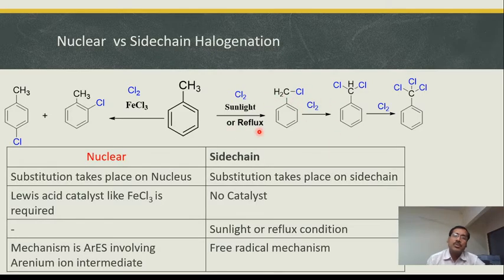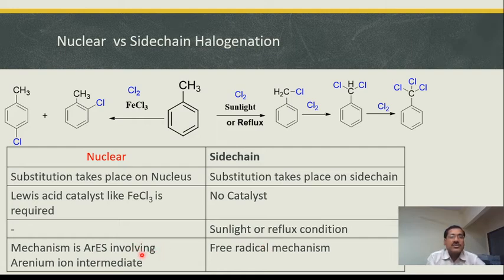Now, what are the important points that you need to note related to these two reactions? In nuclear halogenation, the substitution takes place on the benzene nucleus, whereas in side chain halogenation it takes place on the side chain. As I mentioned, you need a Lewis acid catalyst to do nuclear halogenation, whereas side chain halogenation does not require any catalyst; rather, you require sunlight or reflux conditions in order to generate the free radical.